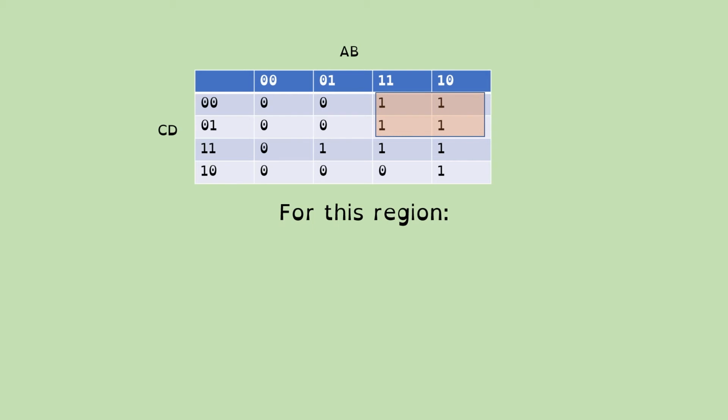Similarly, the D changes as we go between the top row and the bottom row of the orange region. The D, which is represented on the rows, changes from 0 to 1. So the B changes and the D changes. Those are the things that we're going to ignore, and we're going to see which ones are fixed.